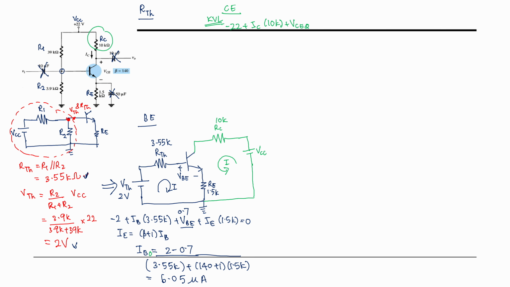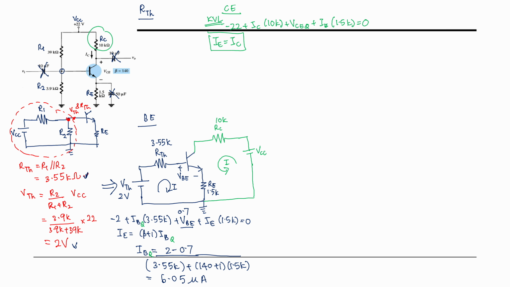Oh, I forgot to write the Q. Don't forget to write the Q. Right, next, what else? VCEQ plus IE RE, RE is 1.5K, equals 0. So from here we can find IE is equal to IC.